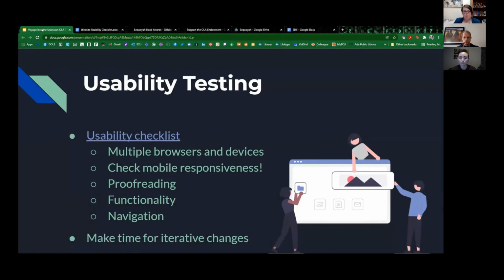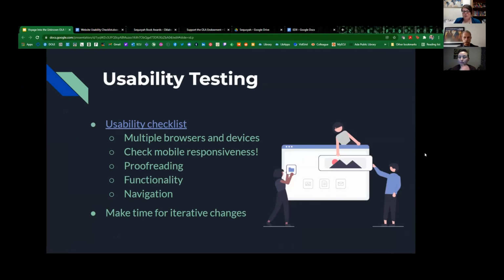But like I've been saying a few times, I wish we had spent a little bit more time on this, had a few more rounds of testing, because really we're still discovering things that we want to update and improve. And we don't really have that built-in ad hoc committee anymore.